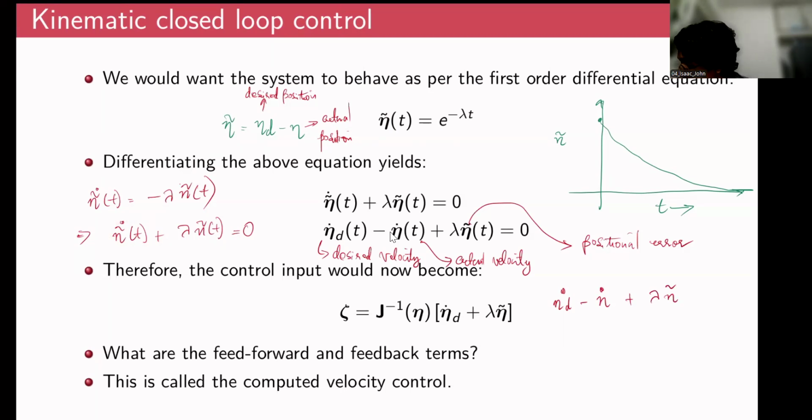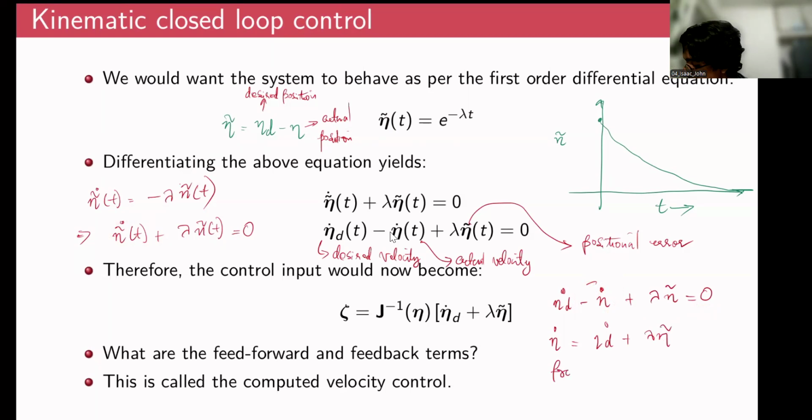This should be equal to 0. So I'll take this into the other side of the equation, and we will get eta dot as eta desired dot plus lambda eta tilde.